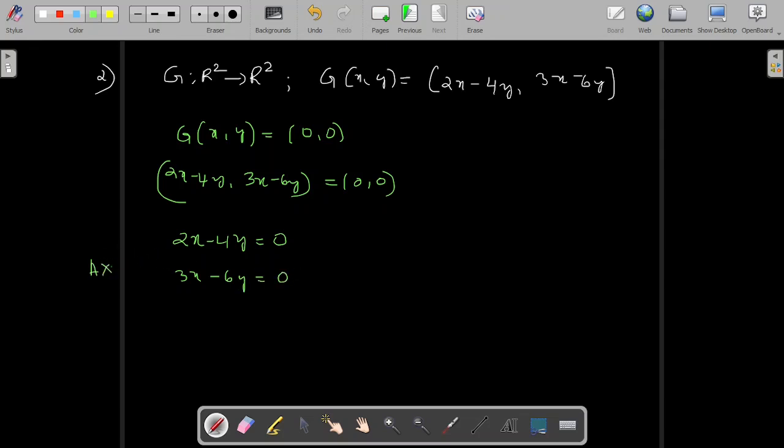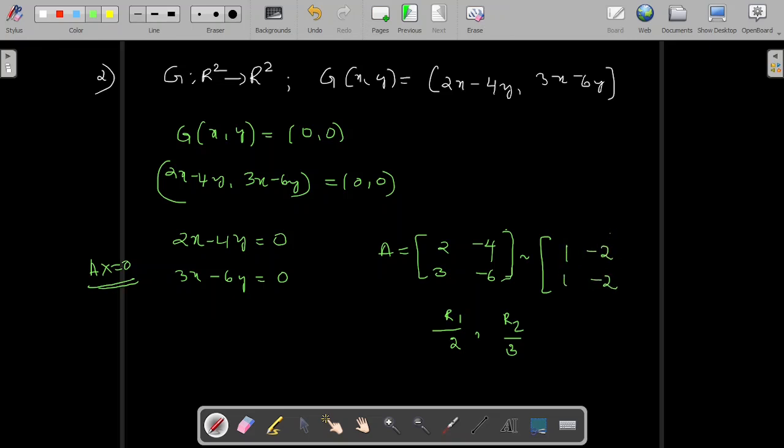Again, a homogeneous system of equations. Write the coefficient matrix 2 minus 4 and 3 minus 6. You can divide the first row by 2 and the second row by 3. So R1 by 2 and R2 by 3. In that case you will get 1 minus 2, and this is also 1 minus 2.